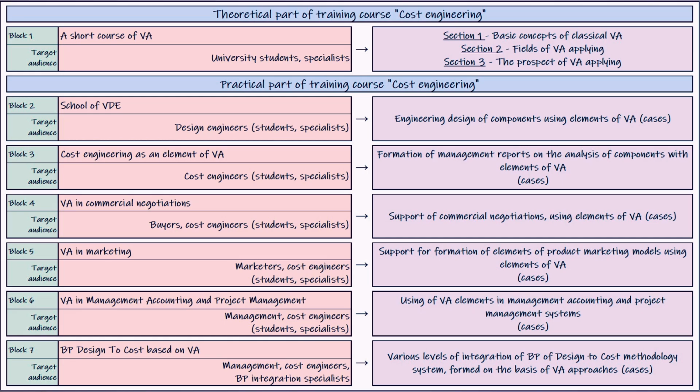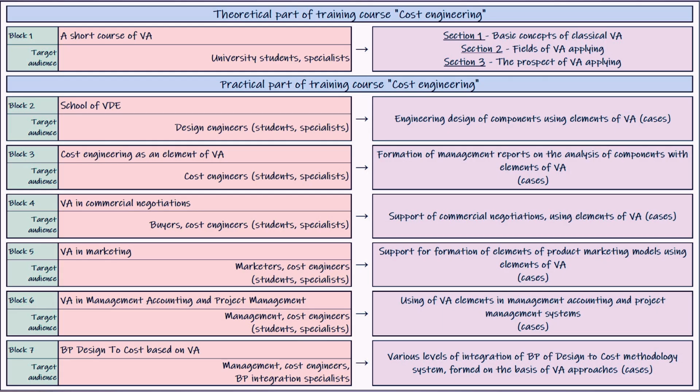Block 1. Block 1 includes a brief course of lectures on VA. Why brief? The standard value analysis course includes such sections as value analysis, an integral part of economic analysis, the history of value analysis, the goals and principles of value analysis, types of analyzed costs, margin approach, etc. Cost engineering in this case is one of the sections of the standard value analysis course.